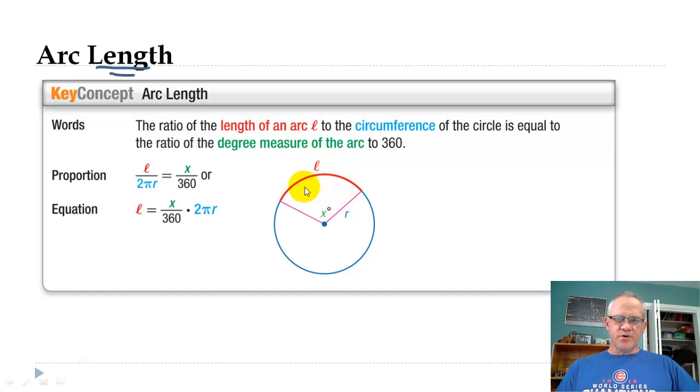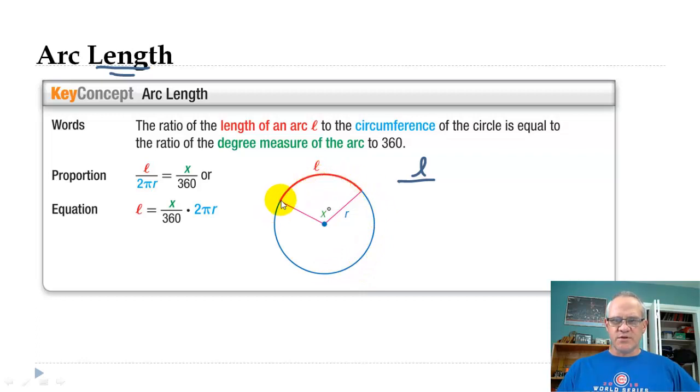Remember, there are 360 degrees in a circle, and the degree for the arc is the same as the central angle degrees. What I prefer, and I like it slightly different than this, is to set up a proportion. You take the length of the arc over the entire length of the circle.